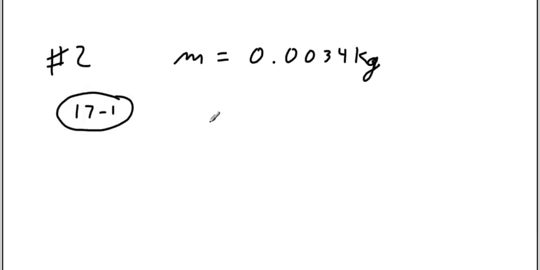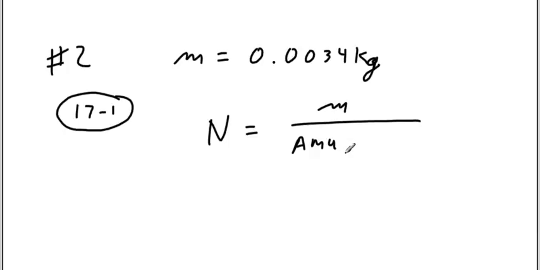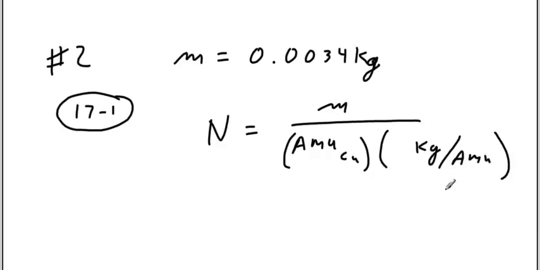All right, so the number of atoms is going to be the mass of the atom divided by the atomic mass units of copper, because this is copper, times the number of kilograms per atomic mass unit. Okay, so that's our plan.